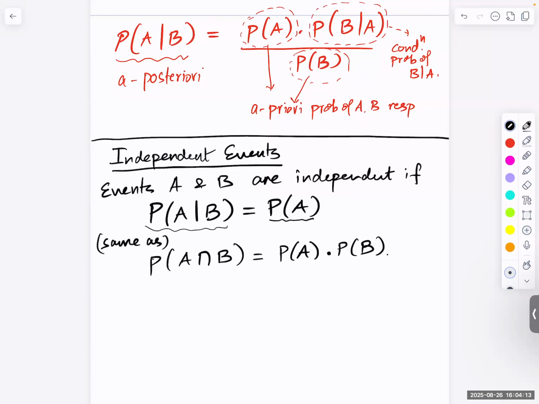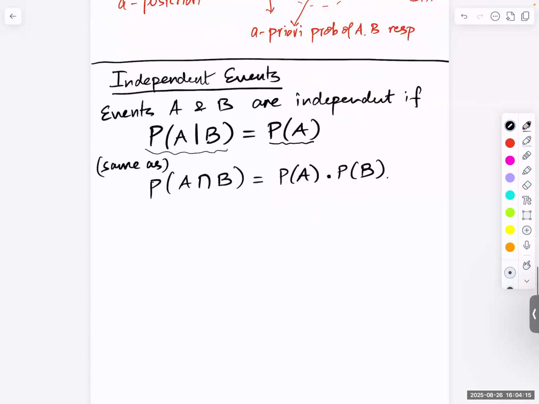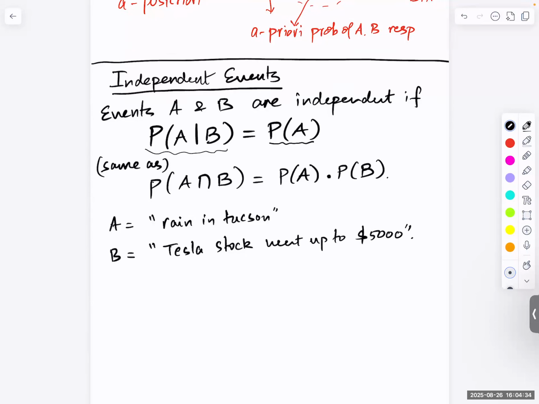To give you an example, suppose in our previous setting, A was rain in Tucson, and B is Tesla stock went up to $5,000.